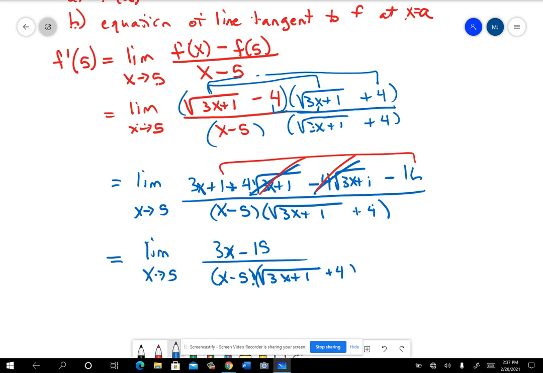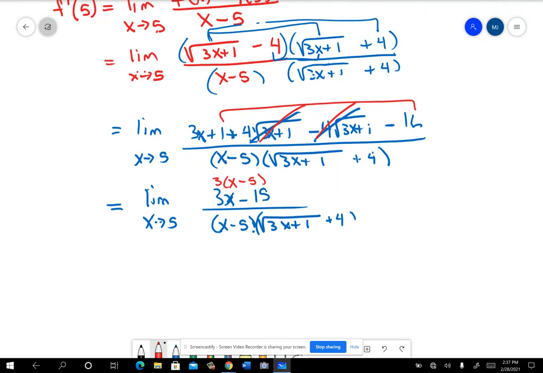All right, so notice on top, that right there can be factored into 3 times x minus 5. See that? Then that x minus 5 that was causing the problem, that was causing us to get a 0 when we plugged in the 5, we could eliminate that because we're not going to ever be at 5. So it'd be okay to get rid of that.